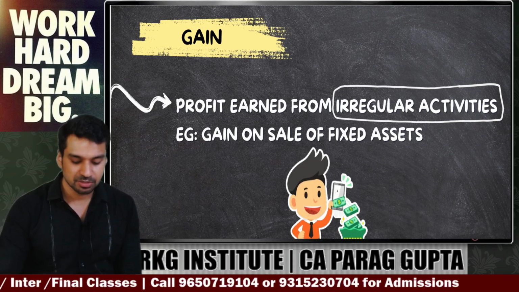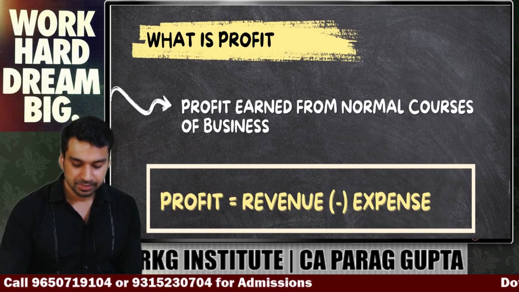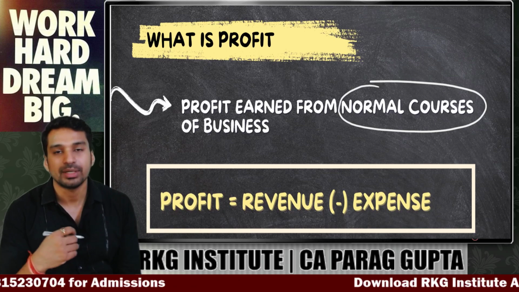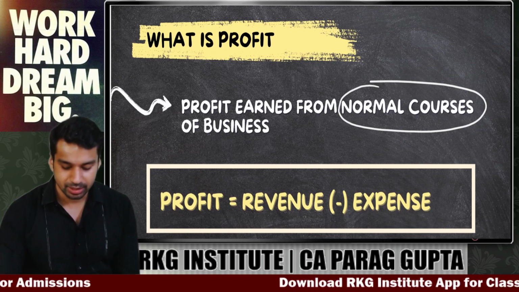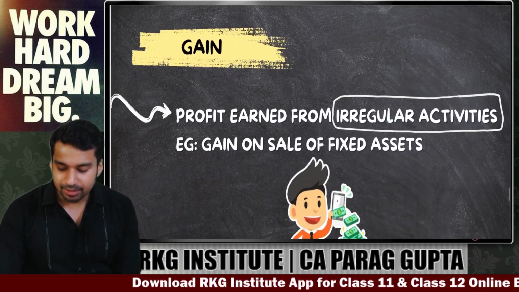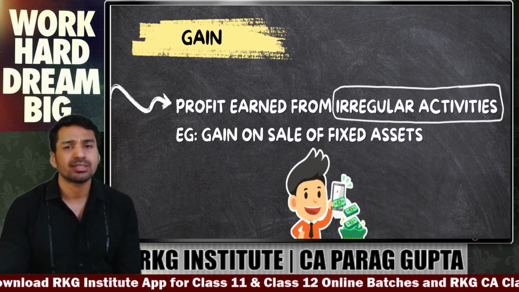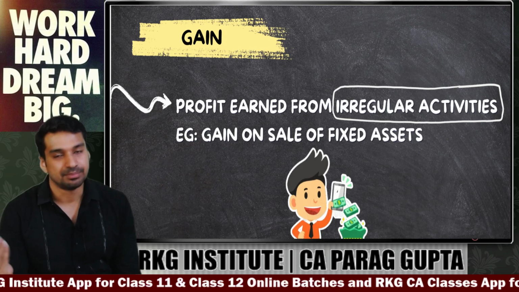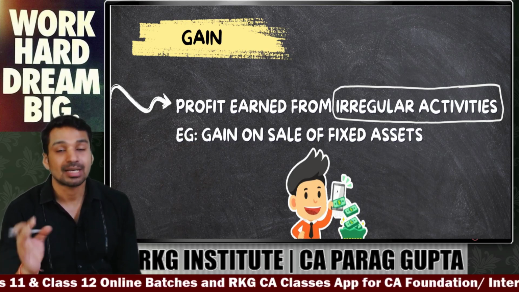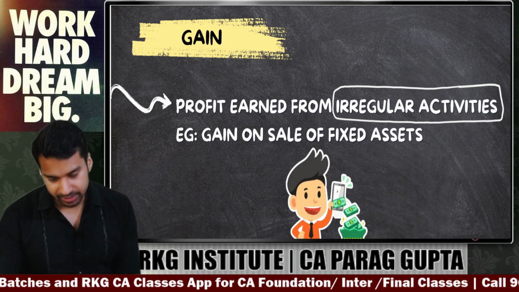So this is the difference between profit and gain. Just focus on the definition. Profit is earned from your normal course of business, your day-to-day regular activities, and you are earning money. But when you earn money out of some irregular activities, like you sell your machine and get the profit, or you earned a lottery income, then all kind of these incomes or profits are known as gain. So gain is from irregular activities.